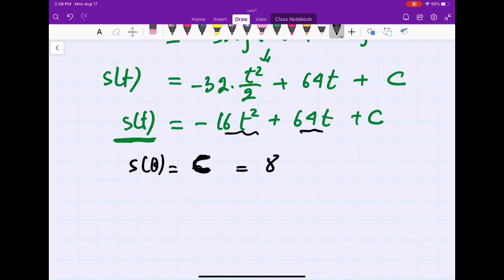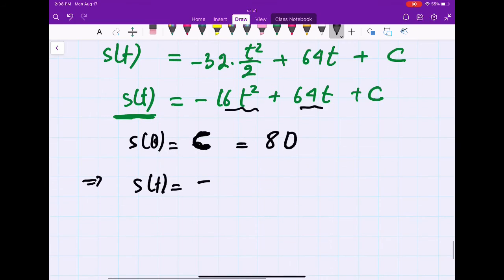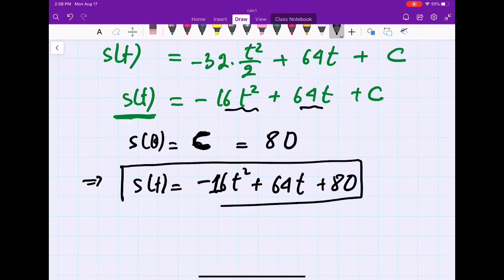So this is equal to 80. From here I get s of t equals negative 16t squared plus 64t plus 80. And that is the position function. So we finished with the first question.